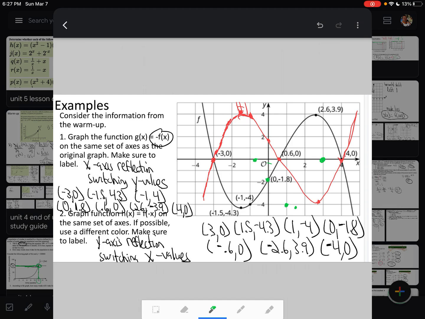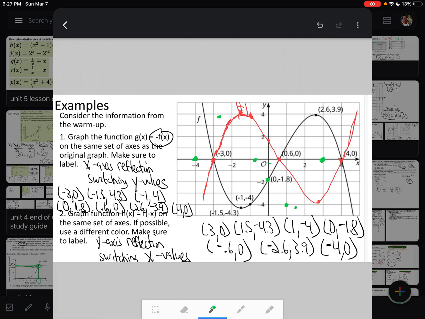Then we have negative 2.6 and then 3.9. So that'll be about here. And then we have negative 4, 0.